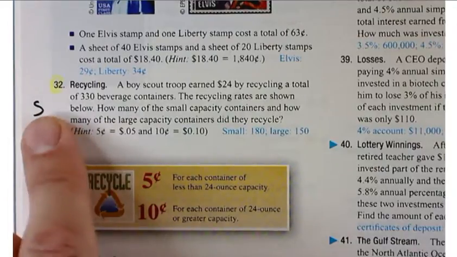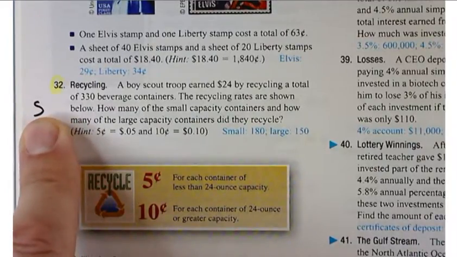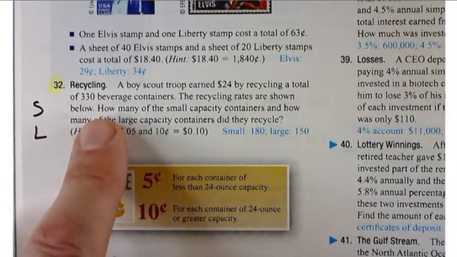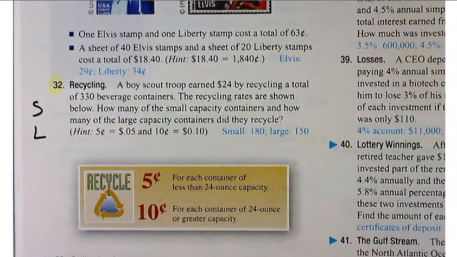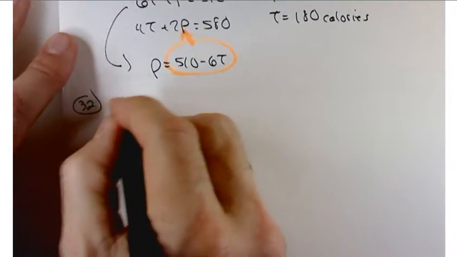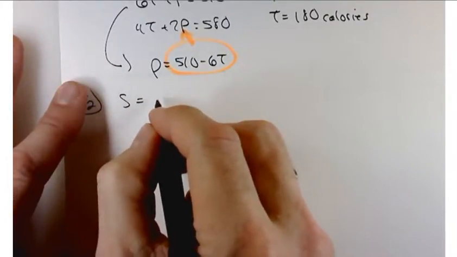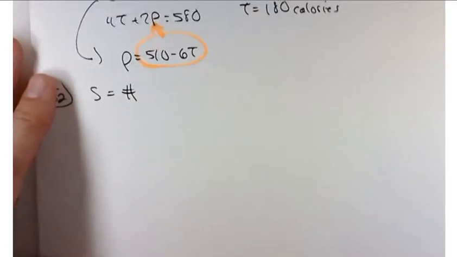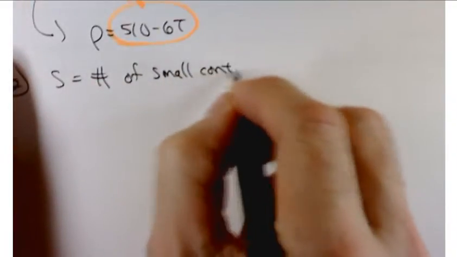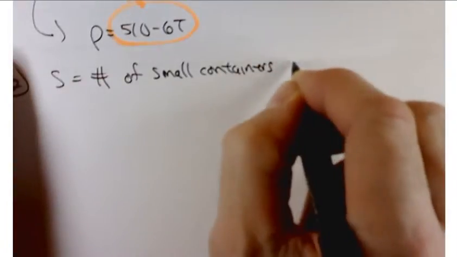Now, what does S represent in this problem? It's not just small containers, but how many of the small containers, right? So let's write both of these down just to keep track of it for ourselves. S is the number of small containers recycled.